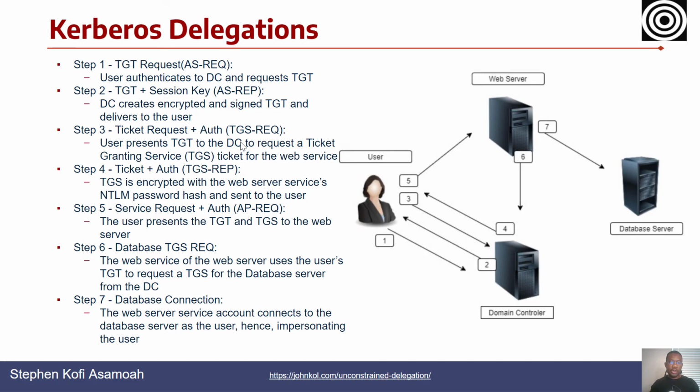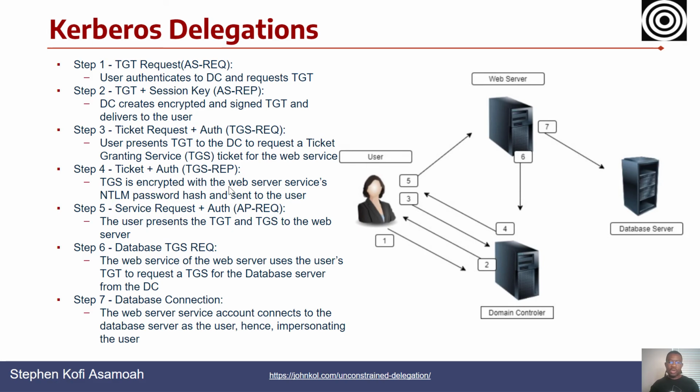All right. The third one is the TGS request from the user. Okay, so the user presents their TGT to the KDC to request a ticket granting service ticket for the web service. Okay, which is normal, the normal ones, right? And then the person gets back the ticket with auth, which is the TGS.